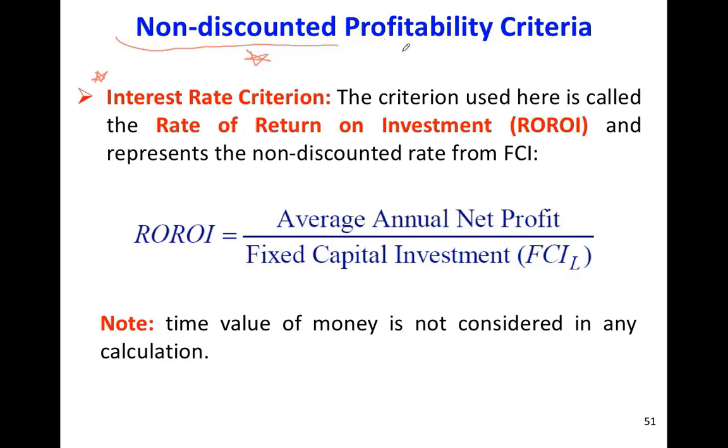So when we talk about non-discounted profitability using this criterion, we define the profitability by this parameter: rate of return on investment, or ROROI. So what is ROROI? It is the average annual net profit divided by the fixed capital investment.